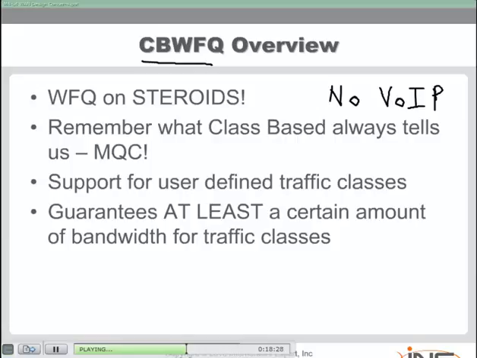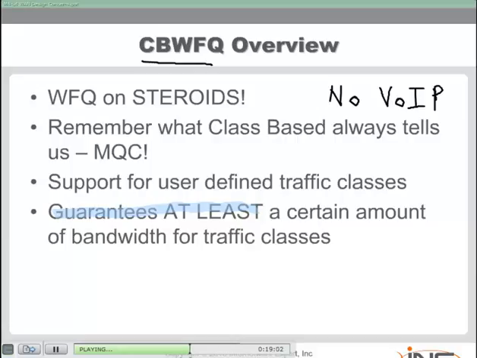Please, no Roger Clemens jokes. Let's leave Roger Clemens alone. Weighted fair queuing, but on steroids. You get to go in and define the amounts of bandwidth that the various forms of traffic will get. Wow. You get to guarantee at least minimum bandwidth reservations for different classes of traffic.